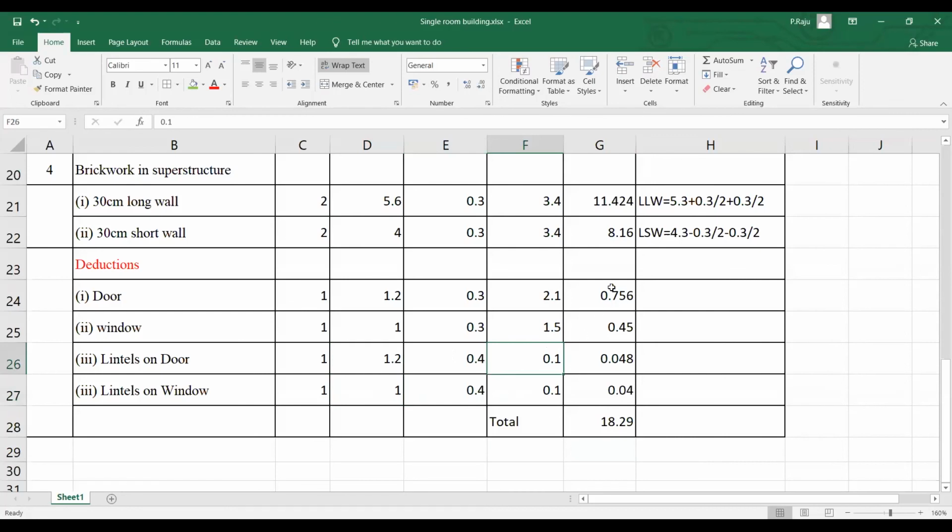So all these three, door, window, lintels on doors and lintels on windows, all these are deductions. So these all come under the deductions part. So this brickwork in superstructure has these deductions.